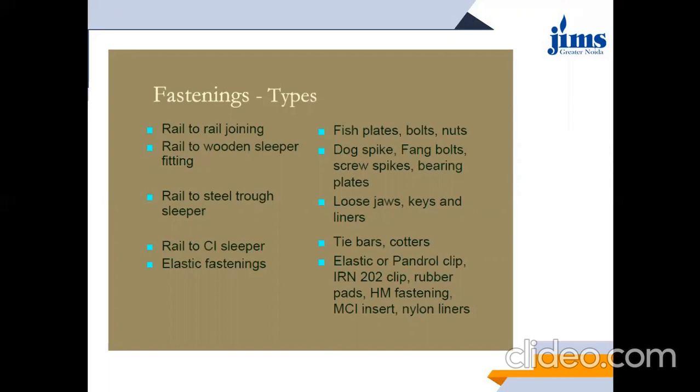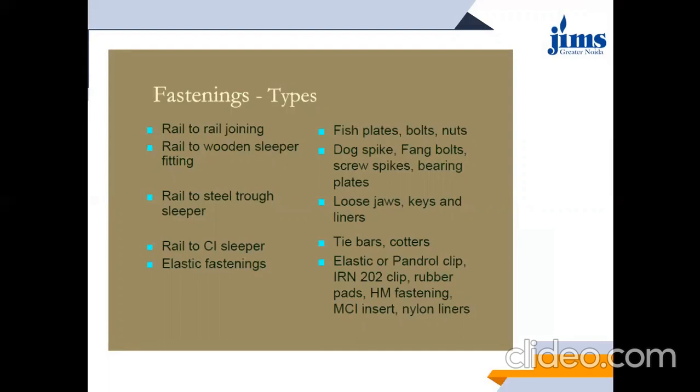In order to join a rail to another rail, either we can perform the welding operation, which was discussed in the earlier lecture. There are various kinds of welding available. Apart from welding, if you want to join a rail to another rail, then we make use of joints using fish plates, fish bolts and nuts.